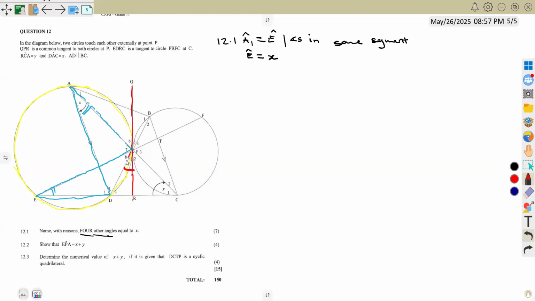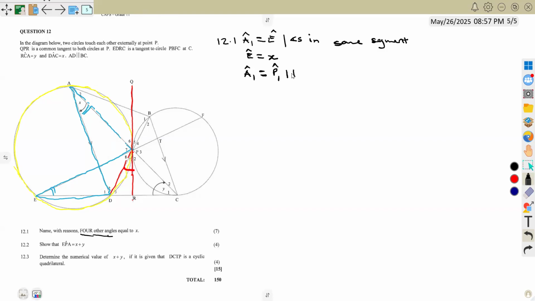Here is our chord. And we know the angle between a tangent and a chord must be equal to the angle subtended by that chord on the opposite segment. So using that, we can conclude that A1 must be equal to that angle P1.